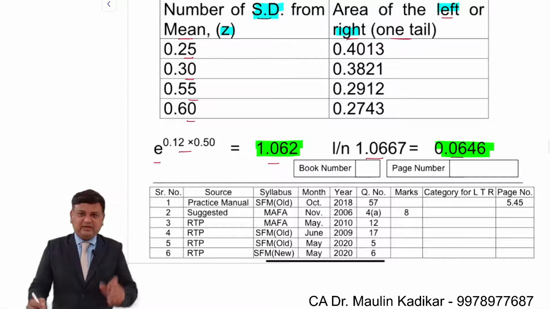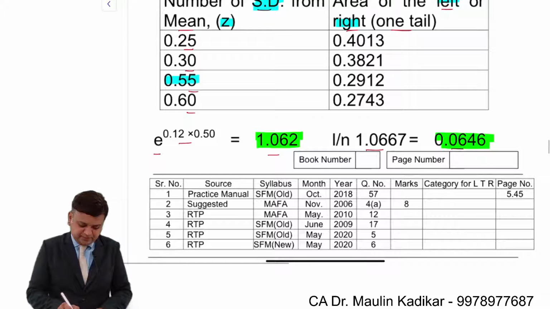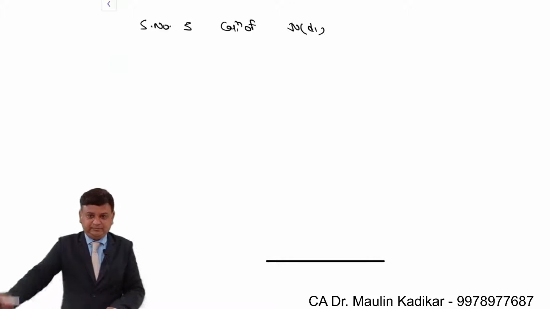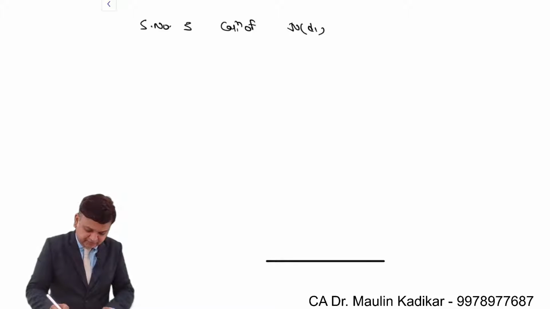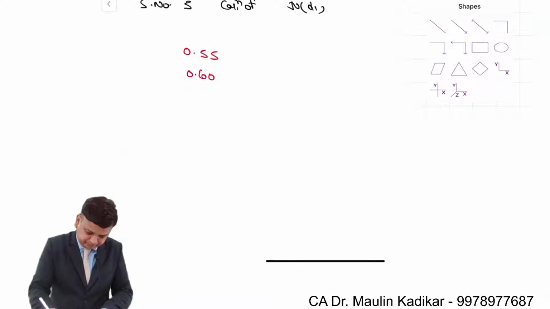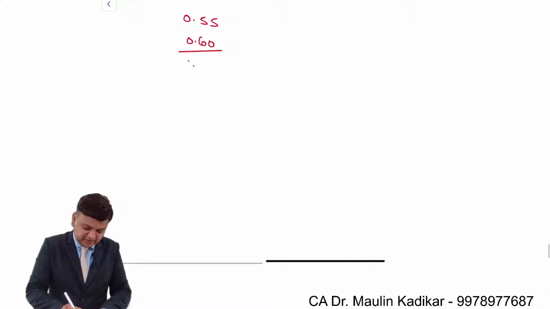Now 0.58 is of course falling between these two. So we are required to do interpolation of these two values, that is 0.55 and 0.60. Difference between both of them is 0.05.